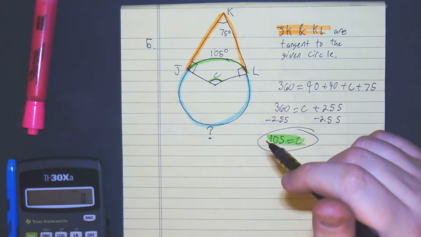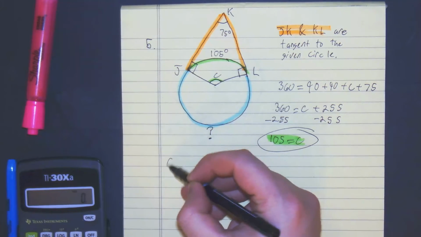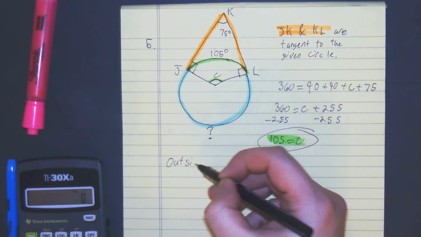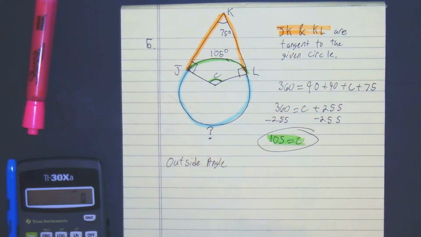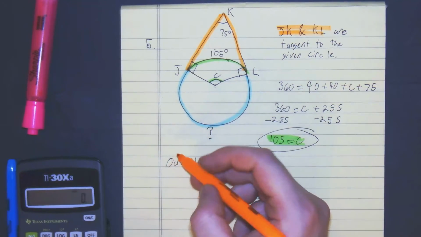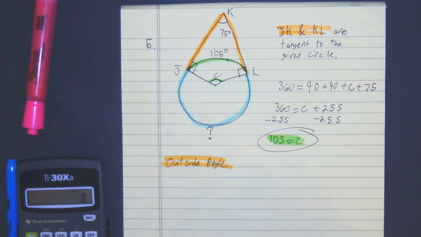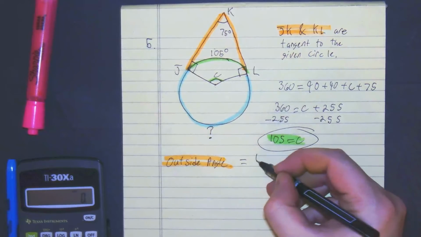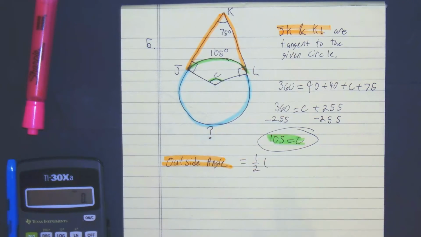If you can recall, the formula says the following. The outside angle, which is the orange, is equal to 1/2 the large arc.